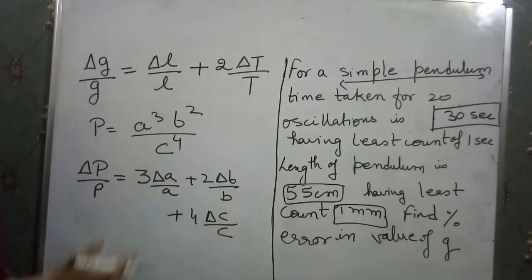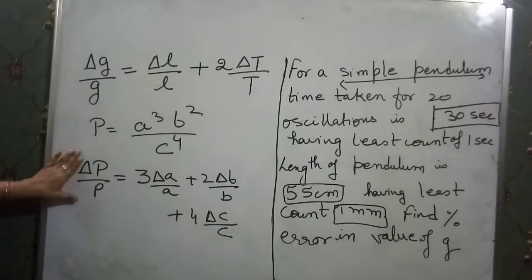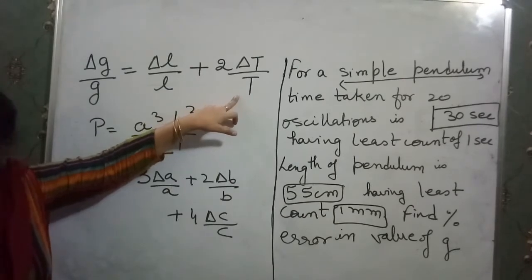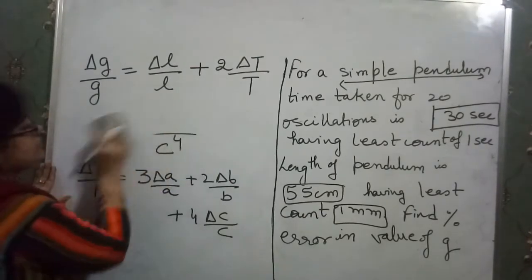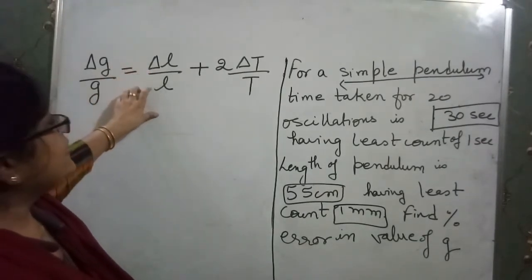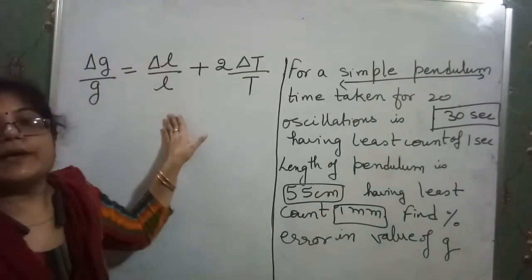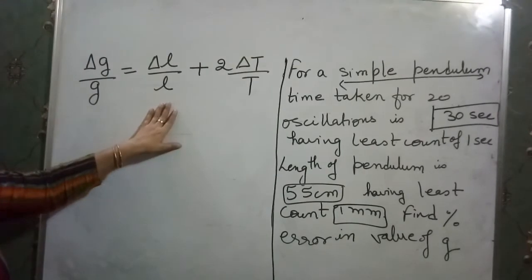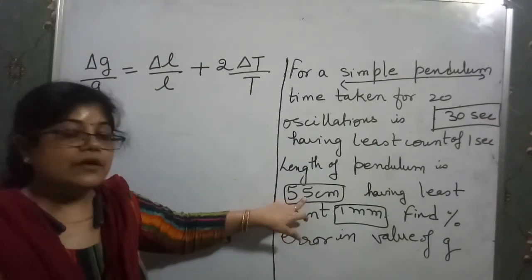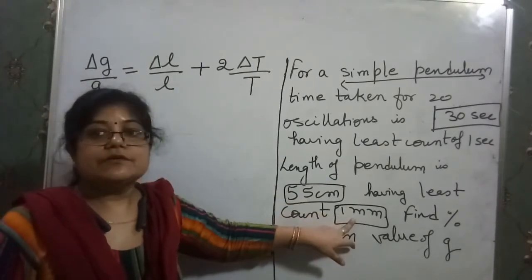This is the concept, this is the base. In the same way we add 2 times delta T over T. Clear? Now come to the question. Now we have delta L over L. This is the length of the pendulum. See here, the length of the pendulum is 55, and the least count is 1 millimeter.